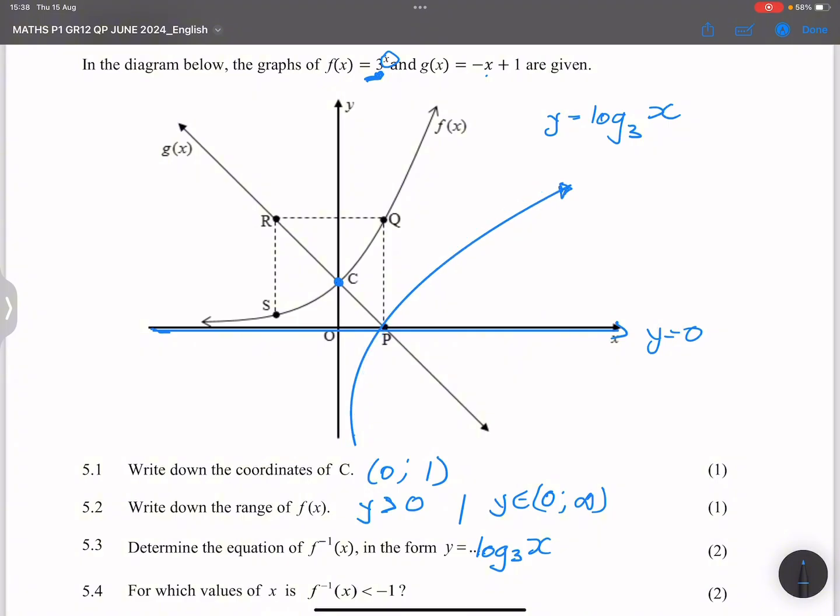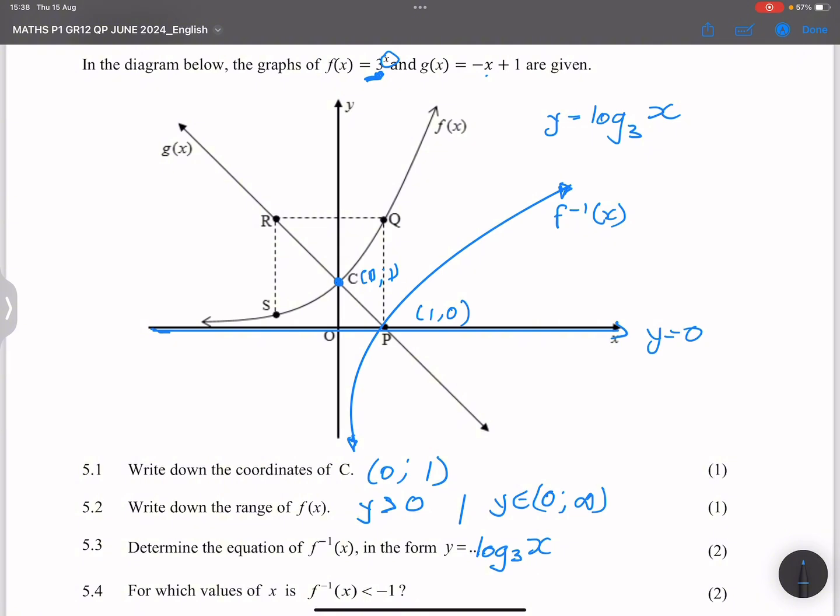If this one is restricted by the x-axis, the inverse graph will be restricted by the y-axis. I'm trying to draw the graph. If this one has the coordinates (0; 1), the other graph will have the coordinates (1; 0).